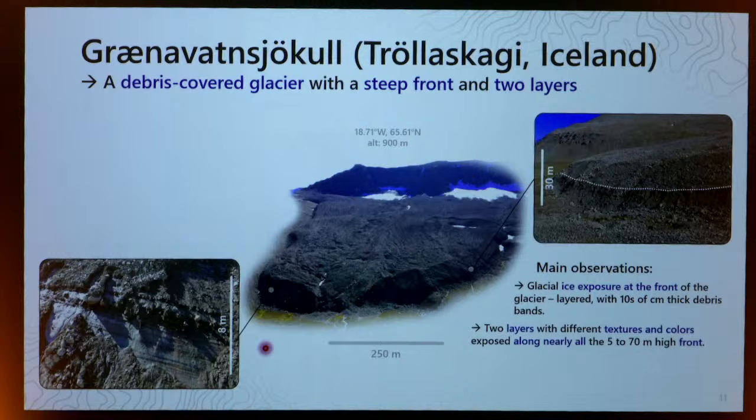We also observe these two layers of different textures nearly all along the front of the deposit. The front is between 70 and 5 meters high, and no matter the place, we still see these two layers. If we look at the details of these two exposed layers, we think that the lower one is made of finer debris, which appears kind of brown here, and the upper layer is made of larger blocks, meter-scale boulders.